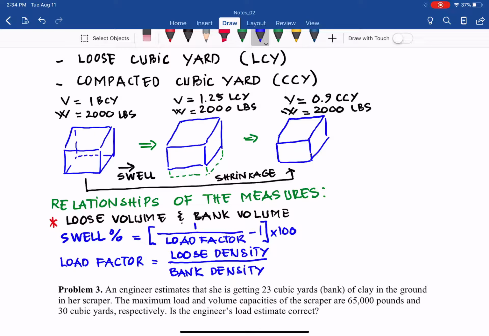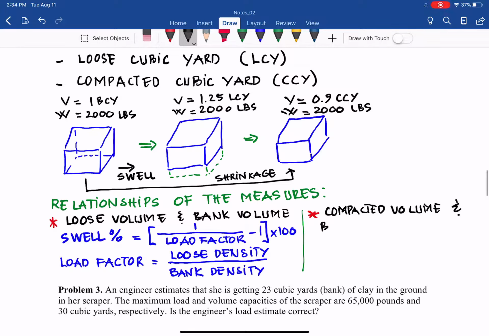The next we want to investigate is the relationship between the compacted volume and bank volume.